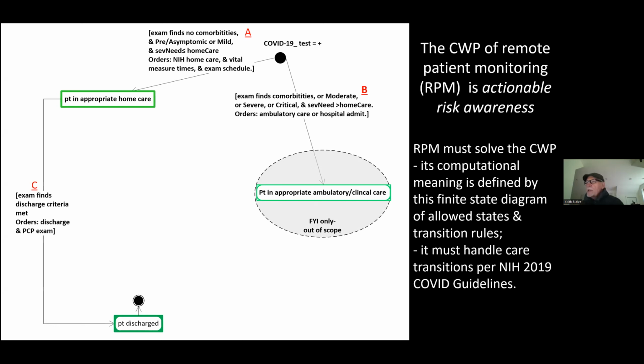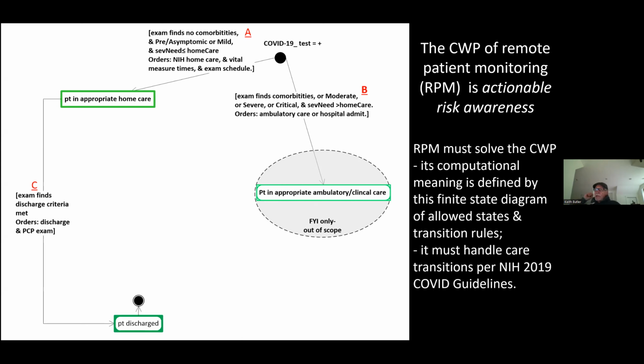You can't quite see at the top there, but there is a decision that's made. Patients who have comorbidities or are moderate or severe are going to go immediately into appropriate ambulatory or clinical or hospital care.